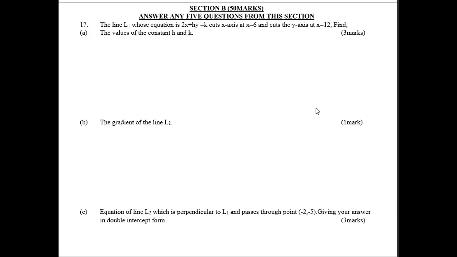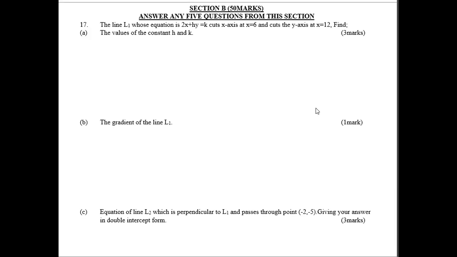So that we have 2 points: 6, 0 and 0, 12.